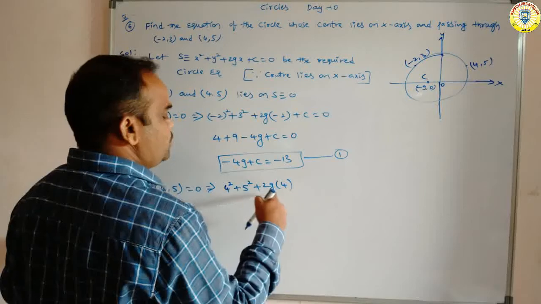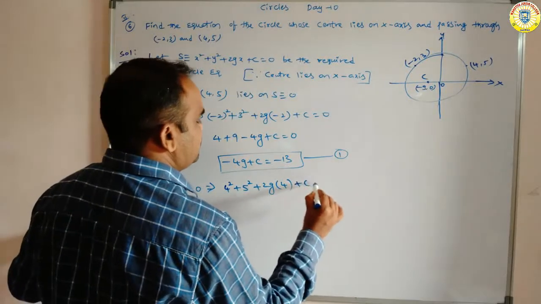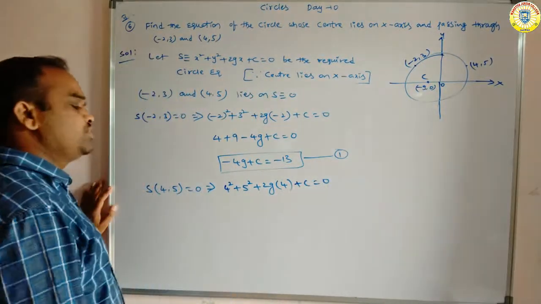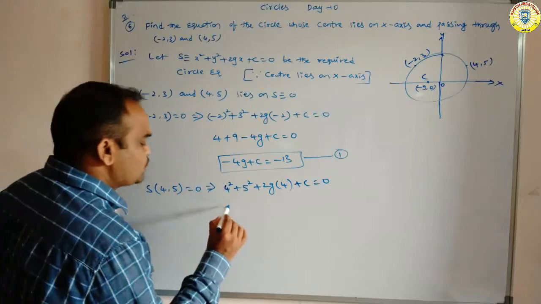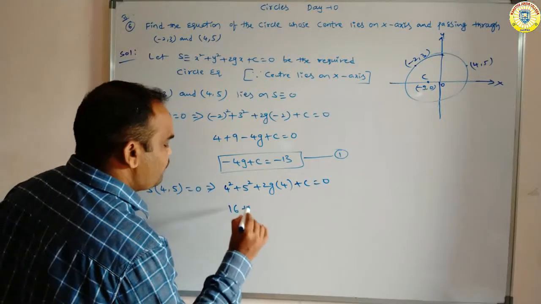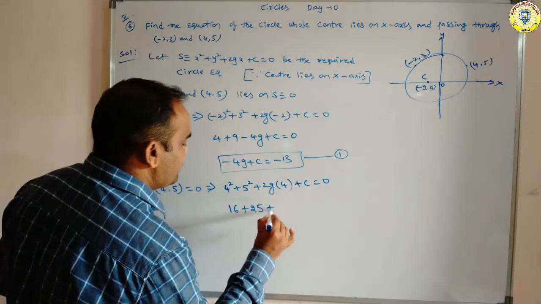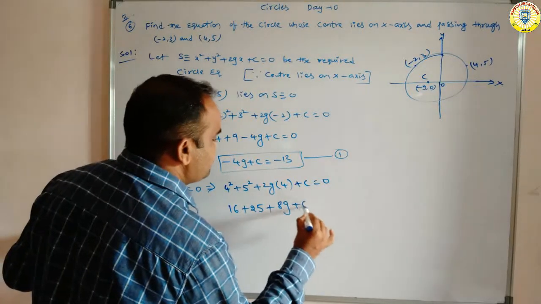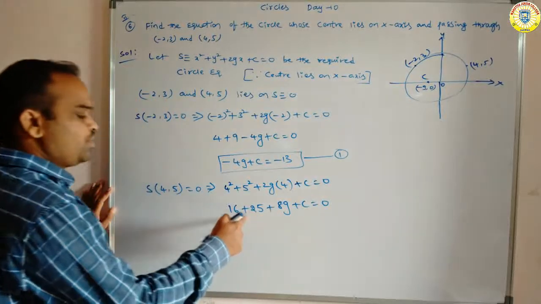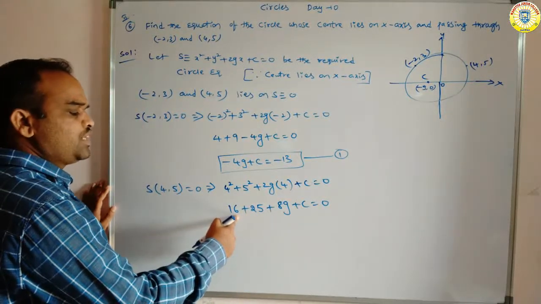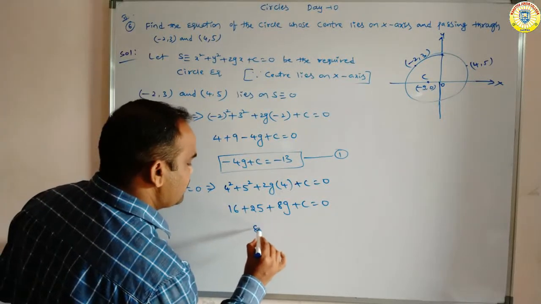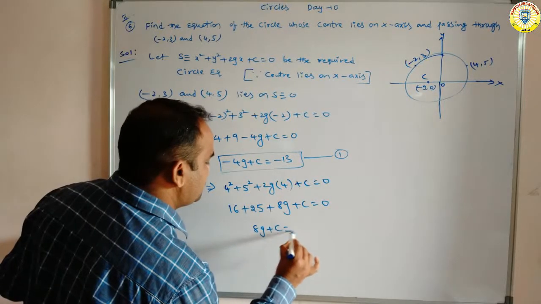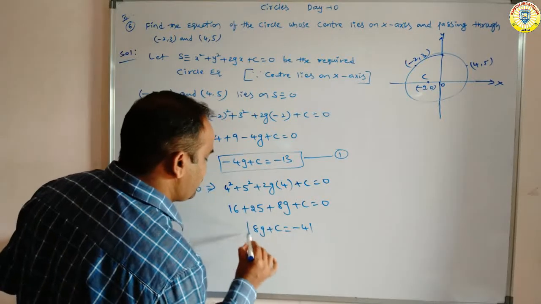So 2g into 4 plus c is equal to 0. 4 squared is 16, 5 squared is 25, 2g into 4 is 8g. So 8g plus c is equal to 0. 25 plus 16 is 41. Here 8g plus c is equal to minus 41.